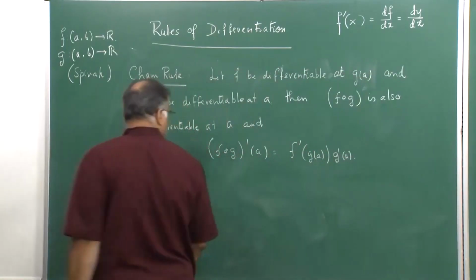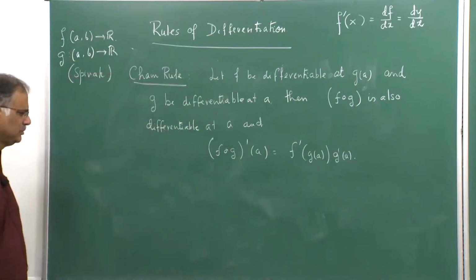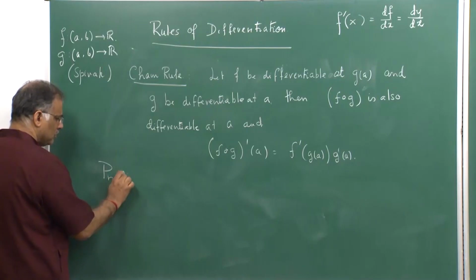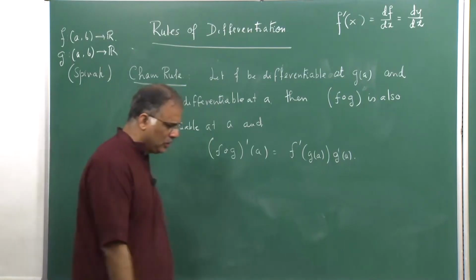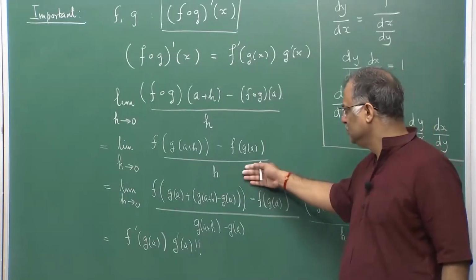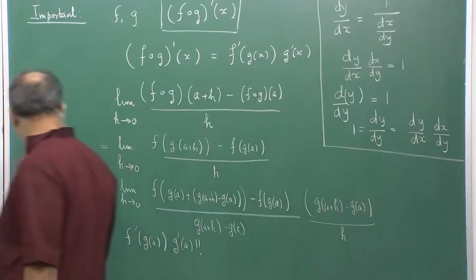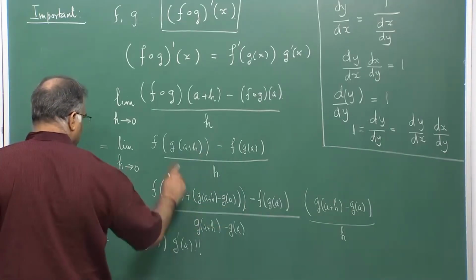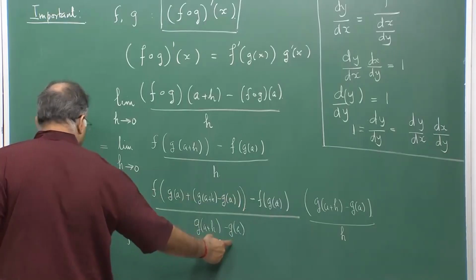Now, how do I start doing the proof of this? The proof begins by constructing a function called phi(h), which has similar structure like this, because you see this thing is nothing but (f(g(a+h)) minus f(g(a))) divided by this.